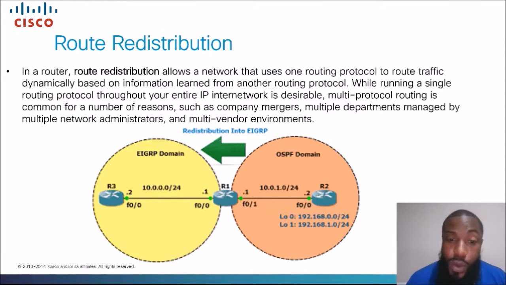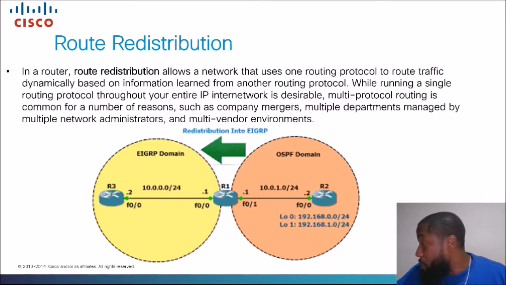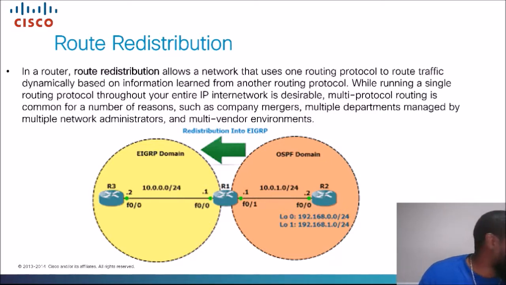In the middle, you've got router 1. Most likely, he'll be able to speak OSPF on the right-hand side, and he can also speak EIGRP on the left-hand side. So think of him as the translator. He's the one that's going to be able to take information from router 2 and translate those routes. Oh, you want to know how to get to this city? He's going to speak in a different language and tell him how to get to the other city.